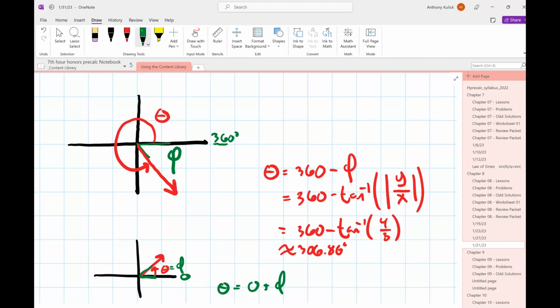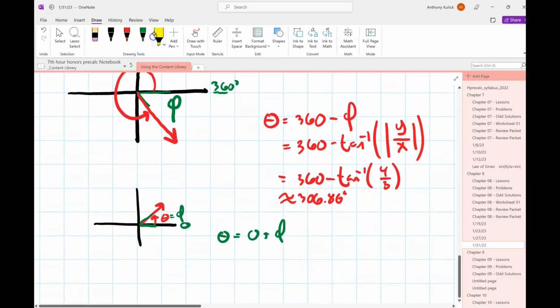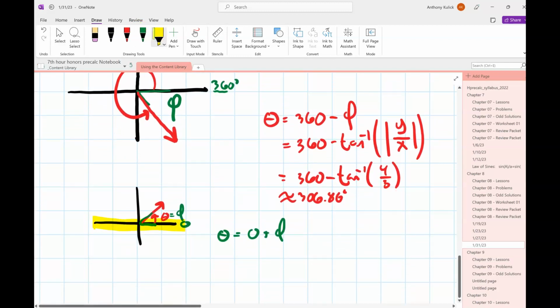Again, trying to make it the same. If it's in the first, the top two quadrants, you're always going to be using the angle having to do with the x-axis, right?